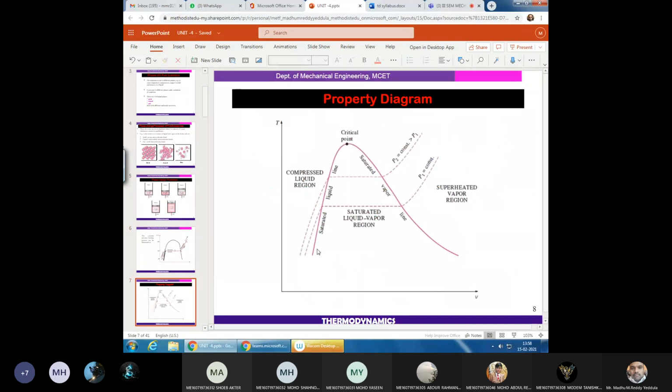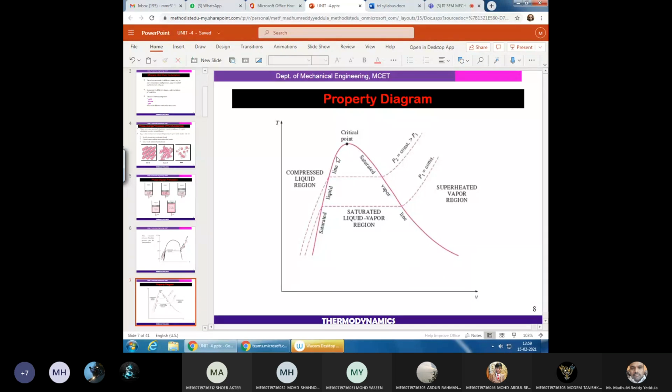Now, you can see here in the T-S diagram. This left side line is called the saturated liquid line, and this right side line is called the saturated vapor line. And this saturated liquid line and saturated vapor line intersect at a point. That point is called the critical point. Above this critical point, it will behave as a perfect gas.